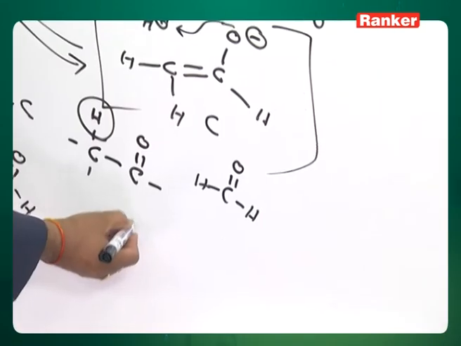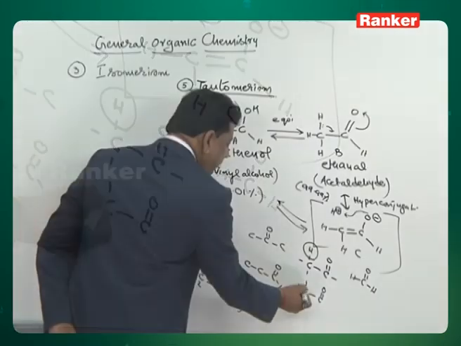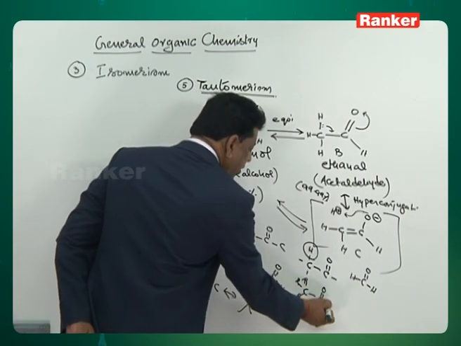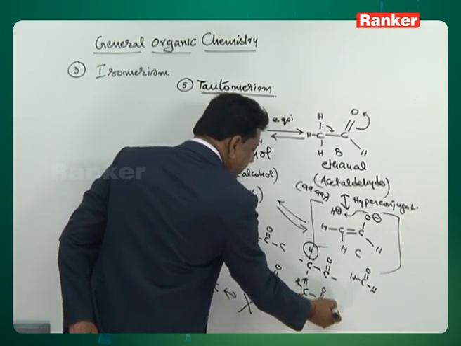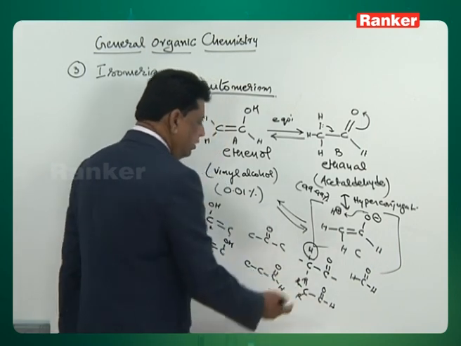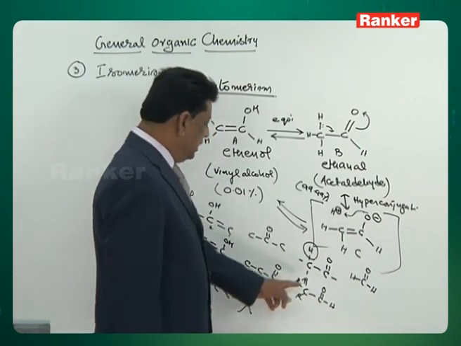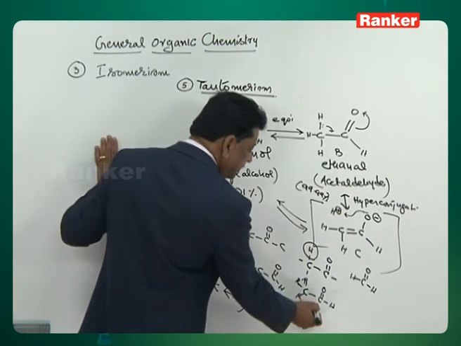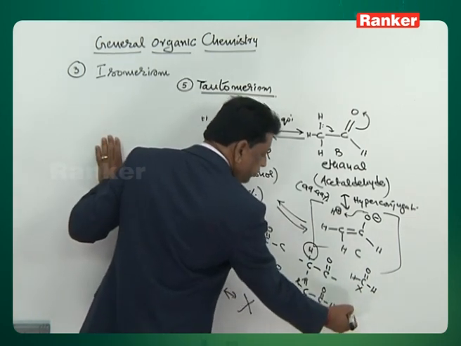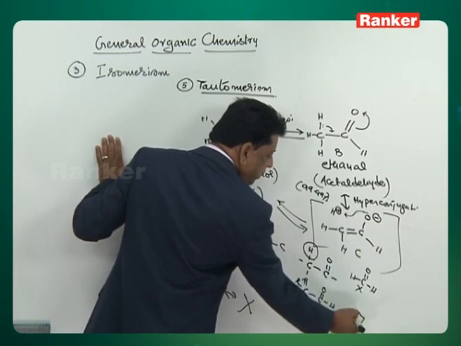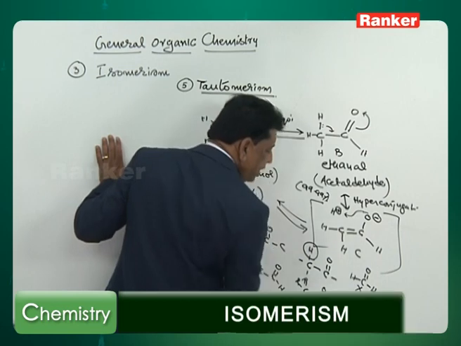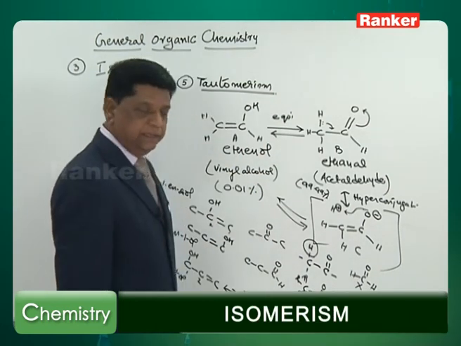Similarly, if the alpha carbon is there but replaced by groups like alkyl groups, this also has no chance of tautomerization. When there are alkyl groups and no alpha hydrogen, there is no tautomerism. Similarly, in benzaldehyde the alpha carbon is there but is involved in aromaticity.